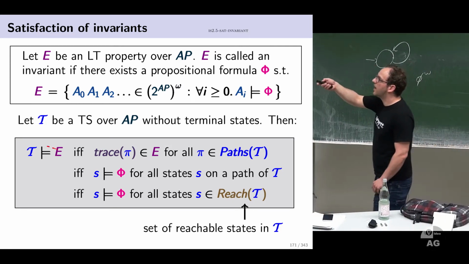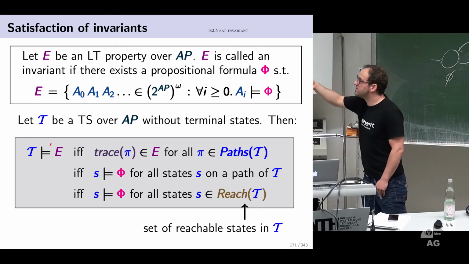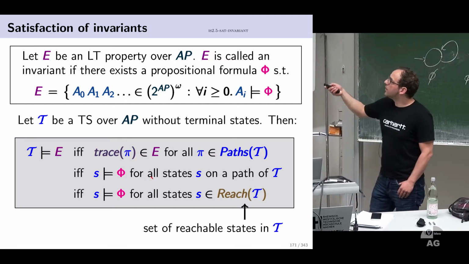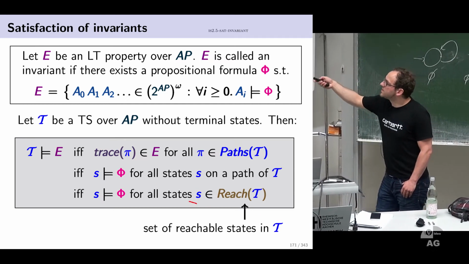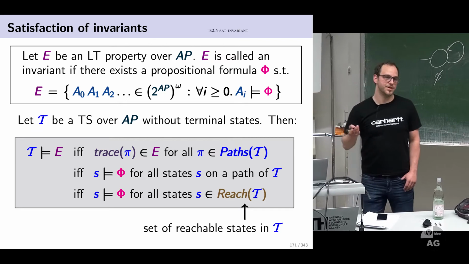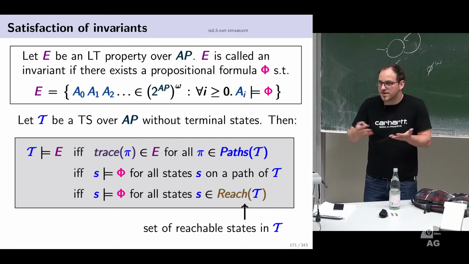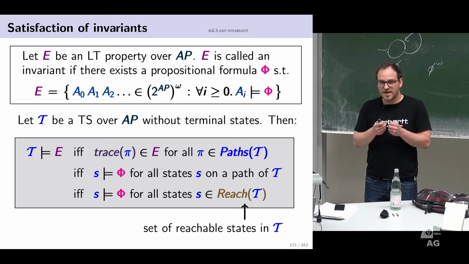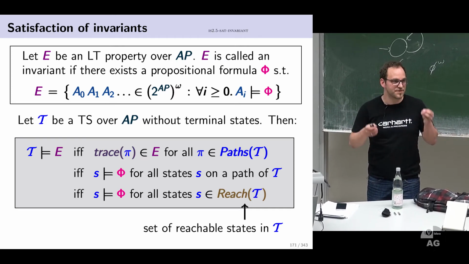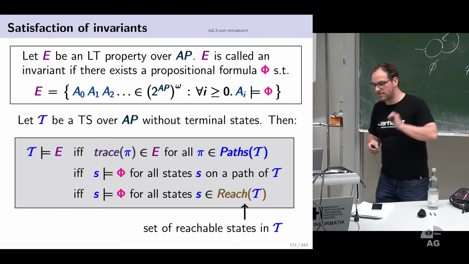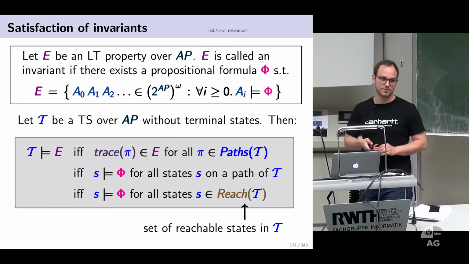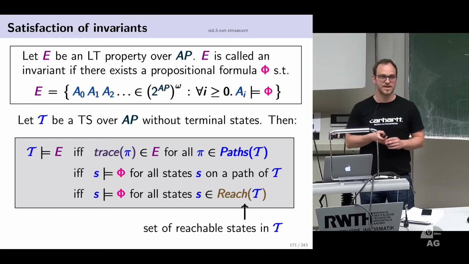So ultimately, a transition system satisfies an invariant if and only if every reachable state satisfies the invariant condition, which is not very surprising given that an invariant is characterized by the fact that at every position the invariant condition holds. Okay? Does that make sense?